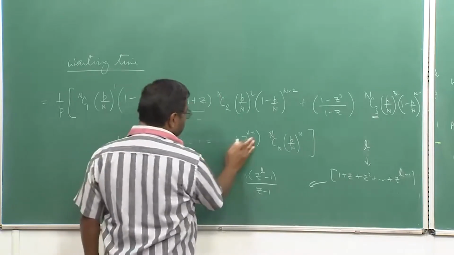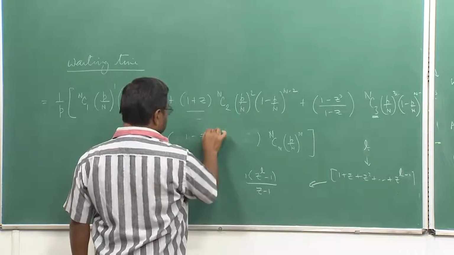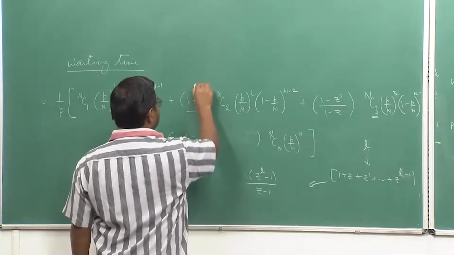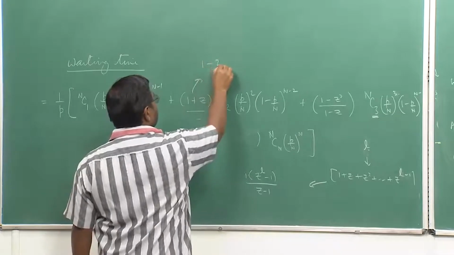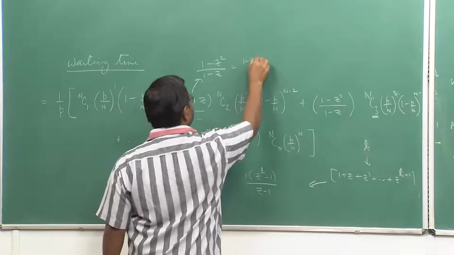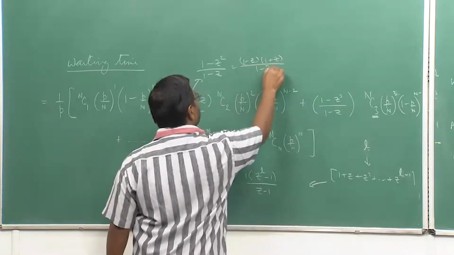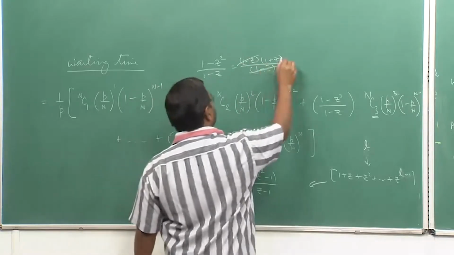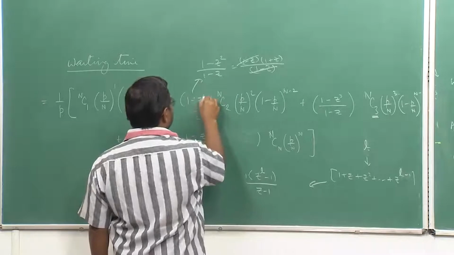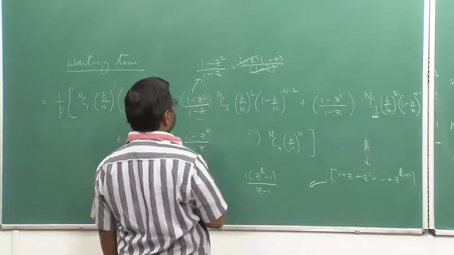This one will be replaced by 1 minus z to the n by 1 minus z. This one is nothing but 1 minus z square by 1 minus z, which is 1 minus z, and this 1 plus z is coming. So, I will also write this as 1 minus z square by 1 minus z. Okay.